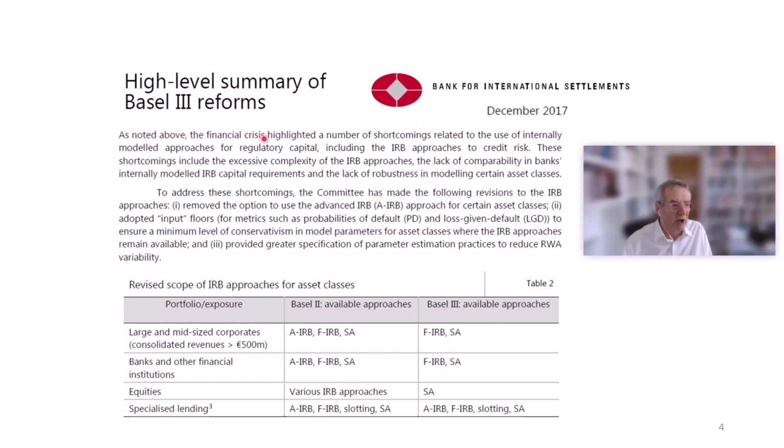As noted above, the financial crisis of 2008 highlighted a number of shortcomings related to the use of internally modeled approaches for regulatory capital, including the IRB approach. These shortcomings include the excessive complexity of the IRB approaches, the lack of comparability in banks' internally modeled IRB requirements, and the lack of robustness in modeling certain asset classes.